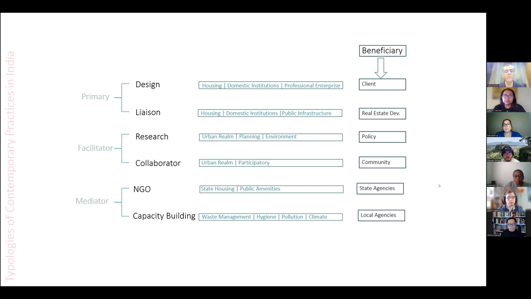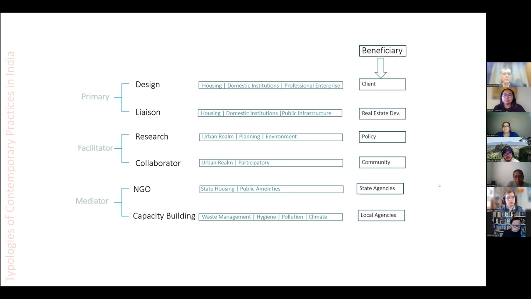The collaborator actually works with the community, the larger beneficiaries. They are talking on behalf of the community, and they take more of a participatory approach to the project. Many firms are working with this model, and they're quite successful.